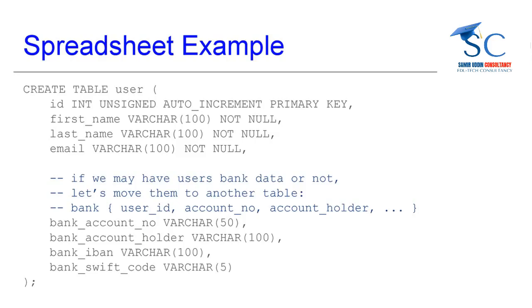You will have to move these columns to another table, which implies a lot of changes in your queries, and it's better to do it in the right way from the beginning. So you will have, for example, a bank table which is separate, and it has all the bank data you want to store.